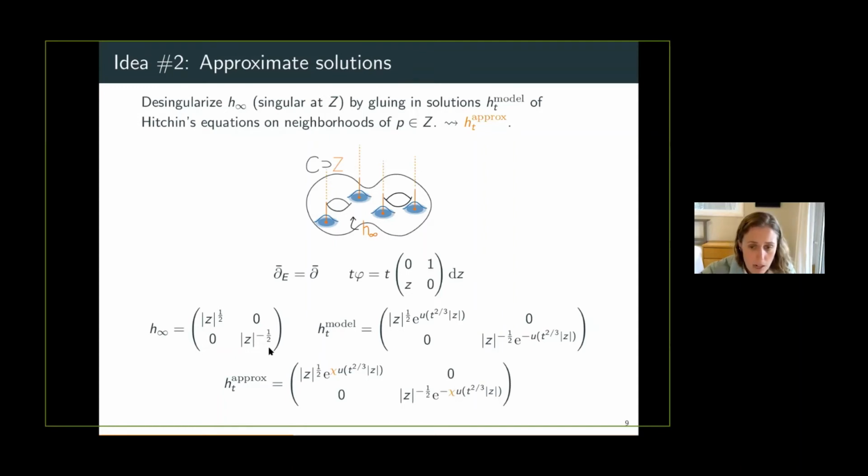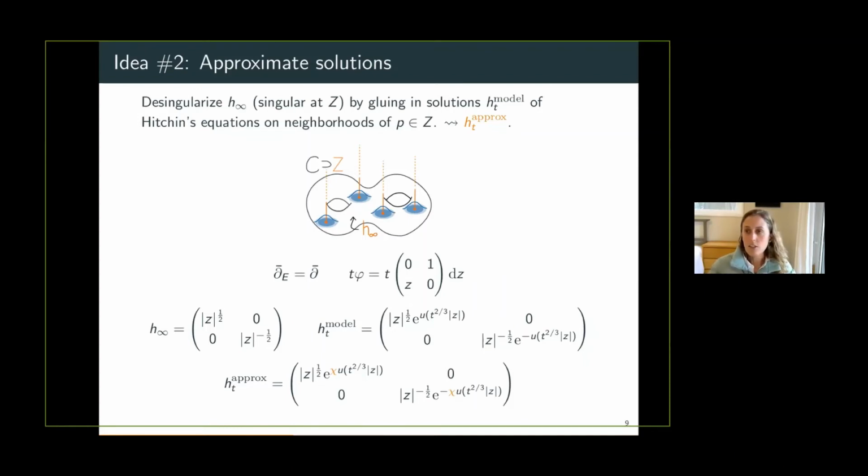And I can come up with some model solutions, h_t model, where u has a bad logarithmic singularity at z equals 0, which is going to precisely cancel out this singularity type here. So these are these models. And then if I want to build an approximate solution, I just introduce a cutoff function going from 1 inside the disks to 0 outside the disks. And it solves Hitchin's equations everywhere except on these light blue annuli.